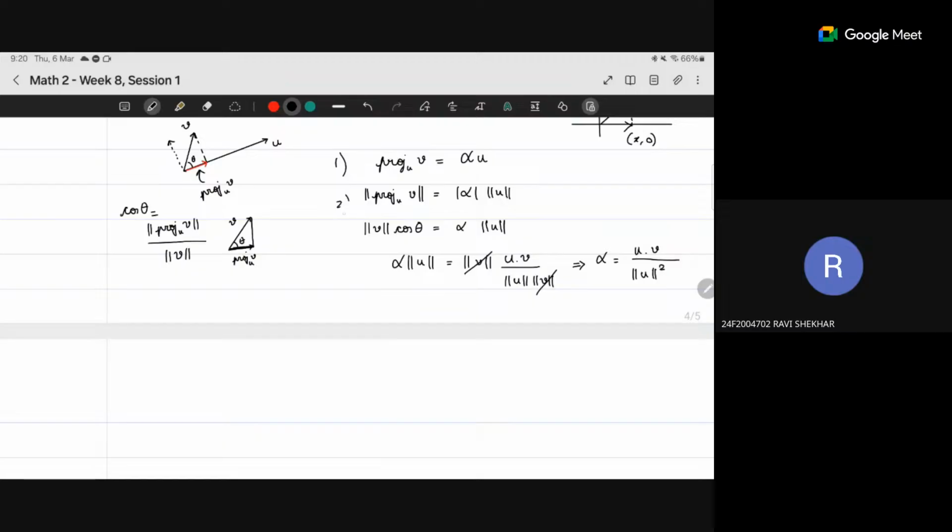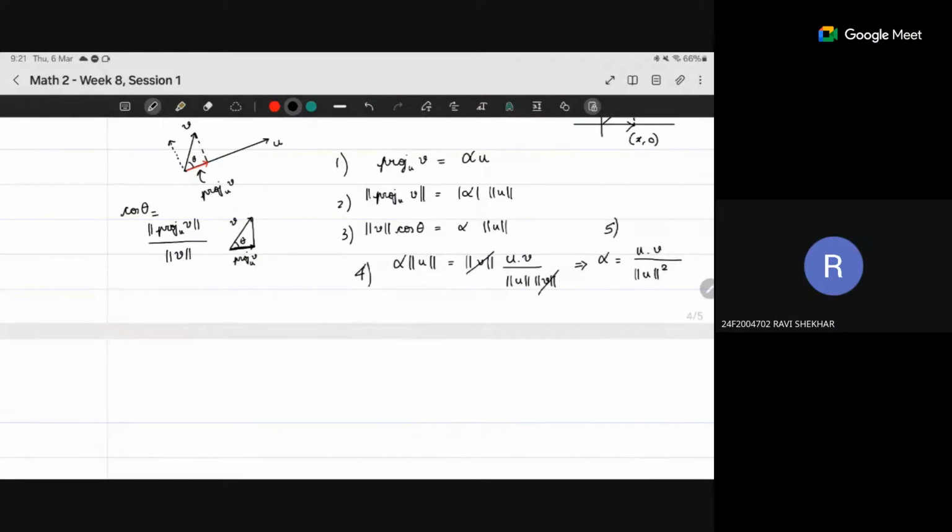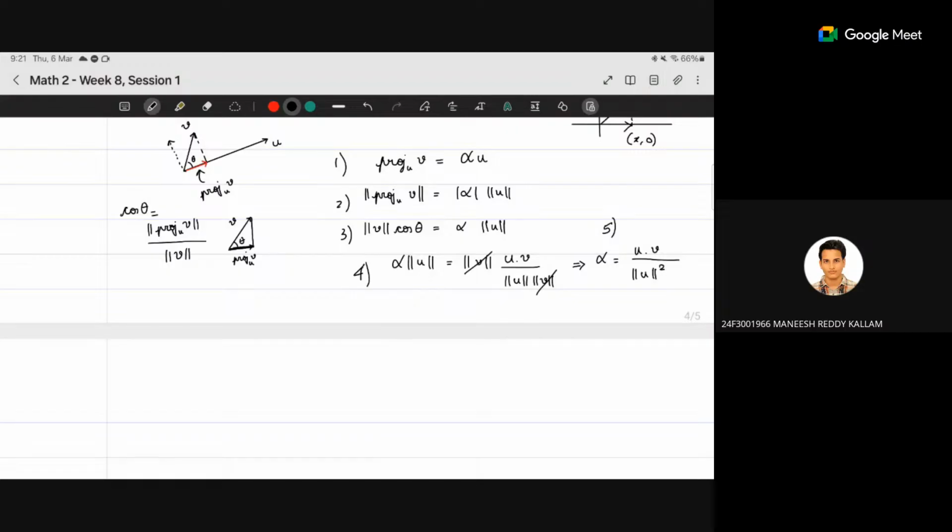So 1, 2, 3, 4, 5. So there are 5 steps. Is there doubt in any step? No, sir. All right. But what is norm of u square? I can just write it as u dot u, right?